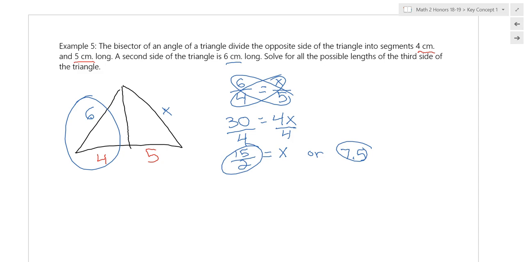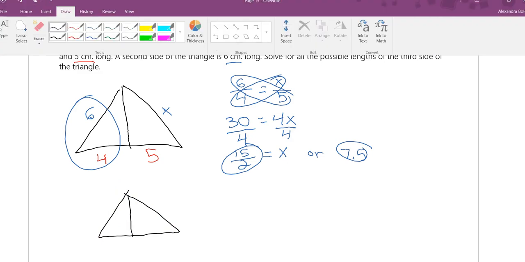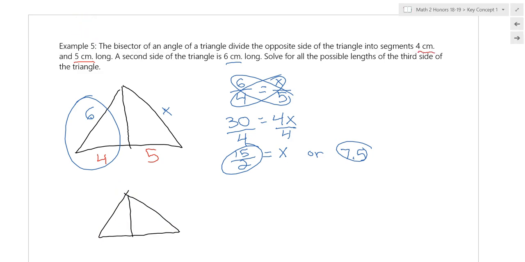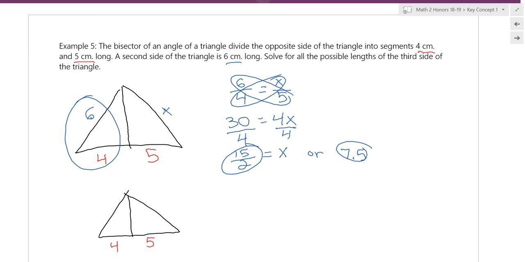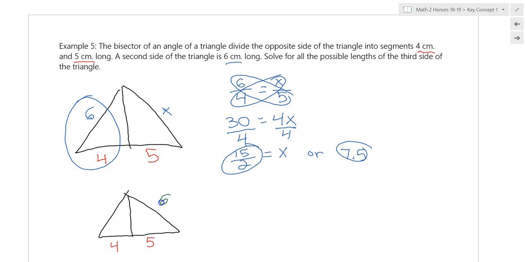Now I'm going to redraw that triangle. I still have my sides 4 and 5, but then I'm going to put 6 over here because it doesn't specify which side. So that would be x. So now my work shows x over 4 equals 6 over 5.